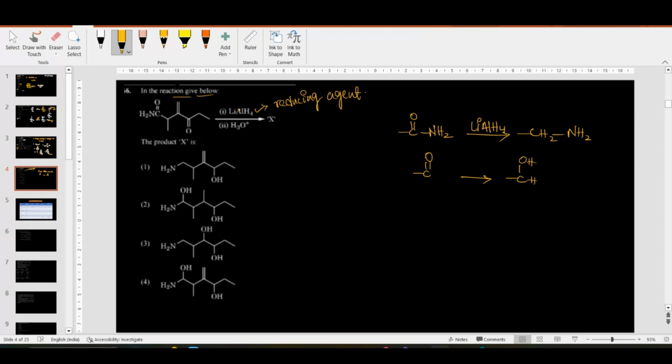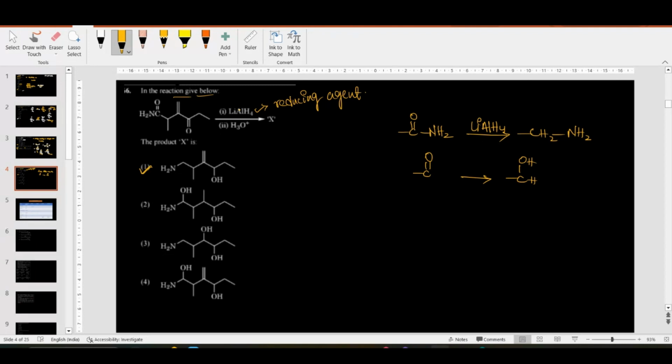Now you can check the options here. This reduces to CH2 and H2. If you check these options, this is our correct option, right? This C double bond NH2 converts to CH2 NH2, and here we have this.